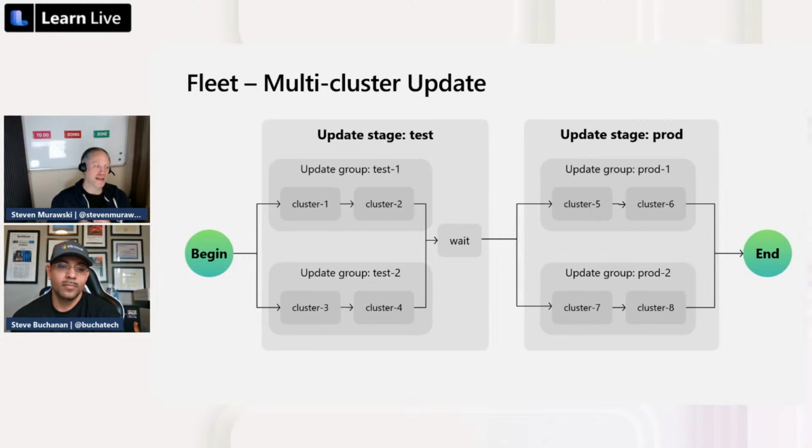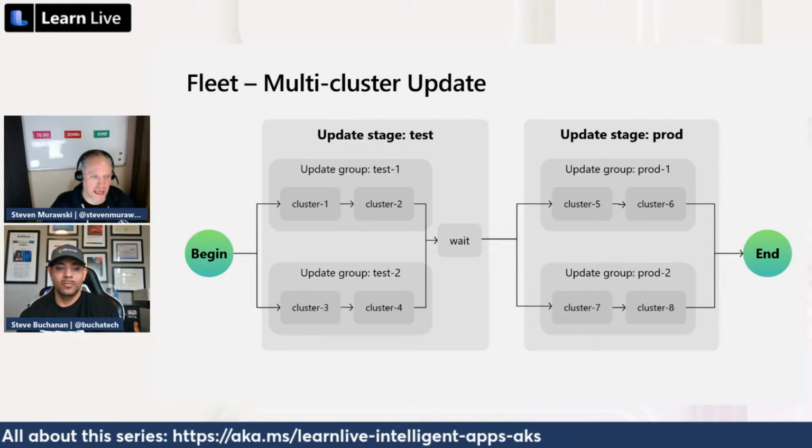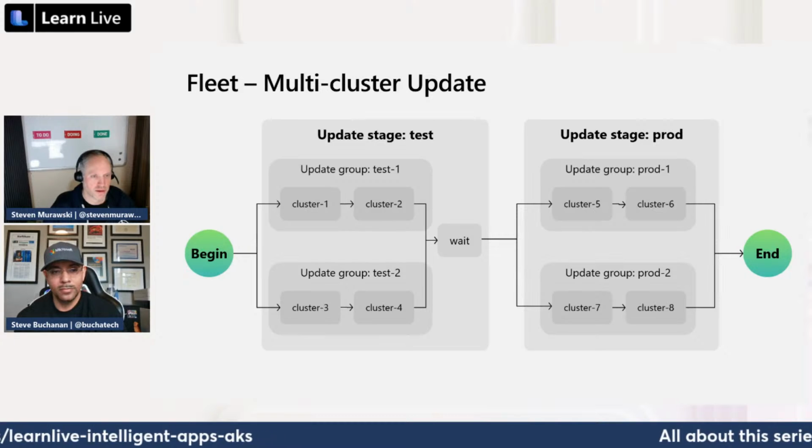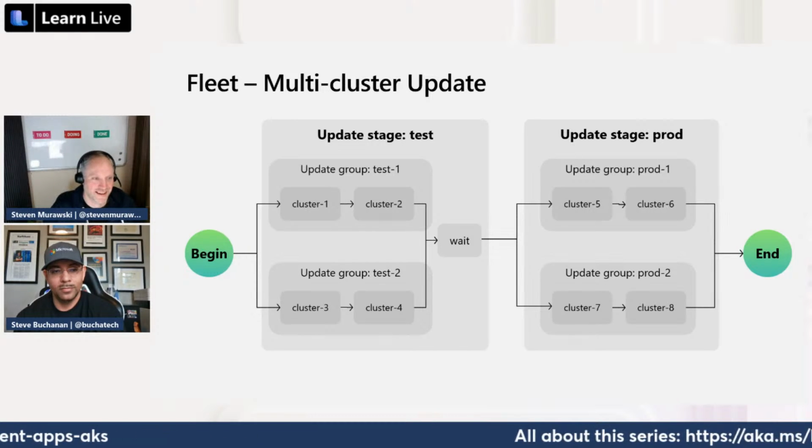So if your base image has updated and patched, you could coordinate rollout of node upgrades as well, which is really really cool and a huge win in terms of being able to keep your estate up to date.